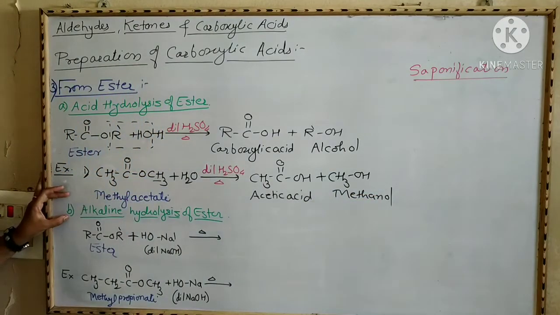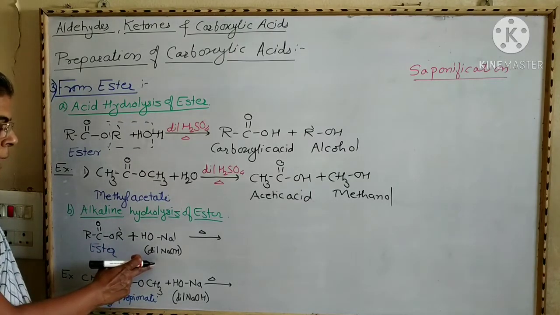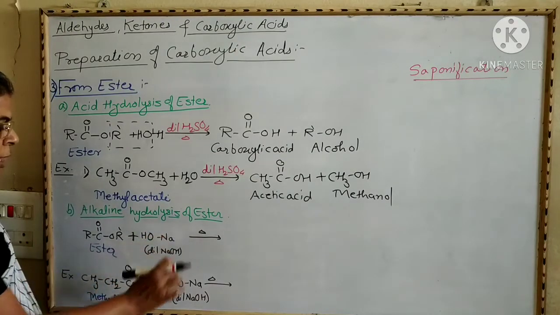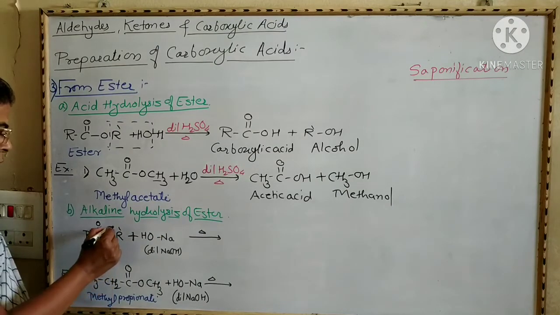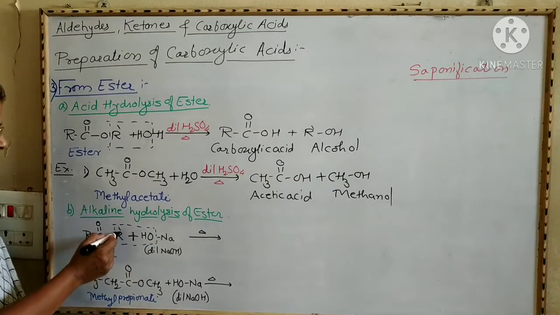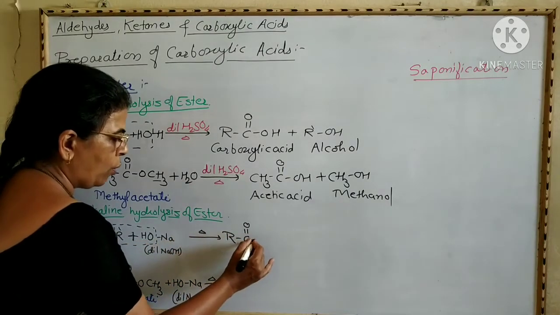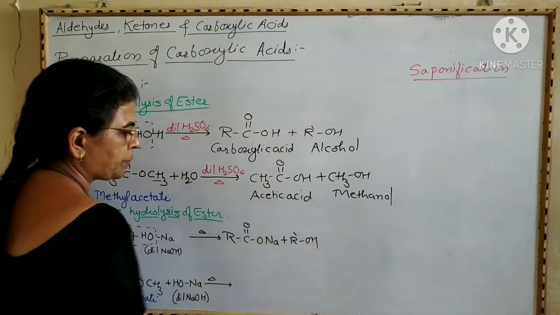Now we are going to see alkaline hydrolysis of ester. Here this ester RC=OOR', when it is hydrolyzed by using alkali like NaOH or KOH, that is sodium hydroxide or potassium hydroxide, then it undergoes hydrolysis to form, look here, breaking of this bond takes place, R'OH is formed, and this R' is replaced by sodium to form RC=O-ONa plus R'OH.